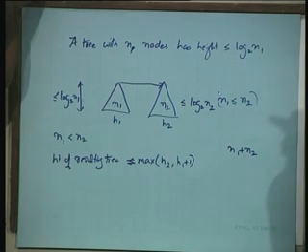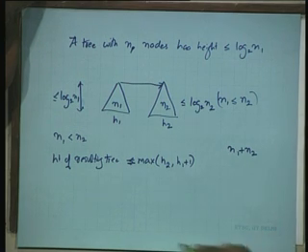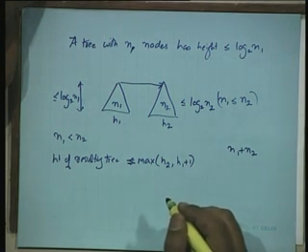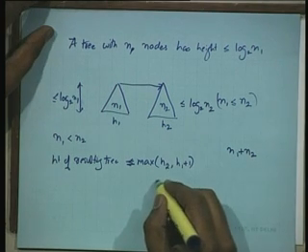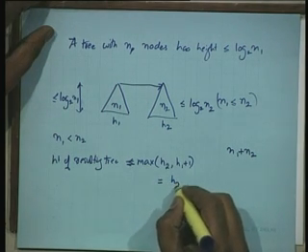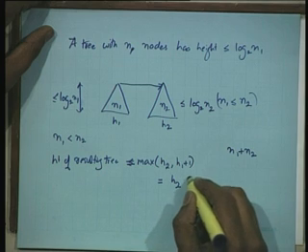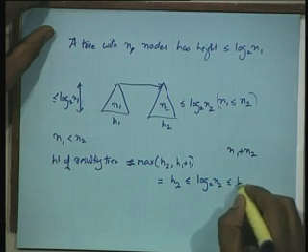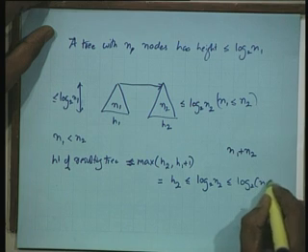Now let us see, this is the height of the resulting tree. If this value equals h2, there are two possibilities, either this value is equal to h2, but h2 is less than log of n2, which is less than log of n1 plus n2.